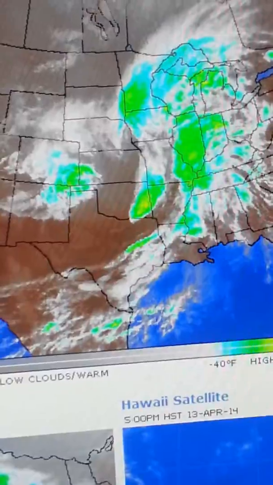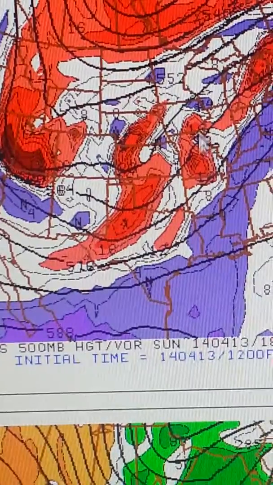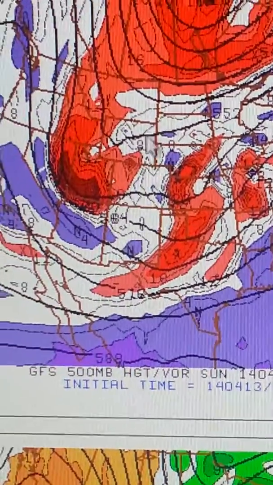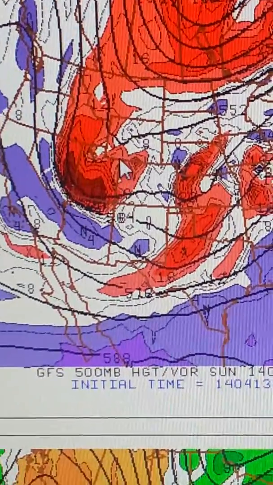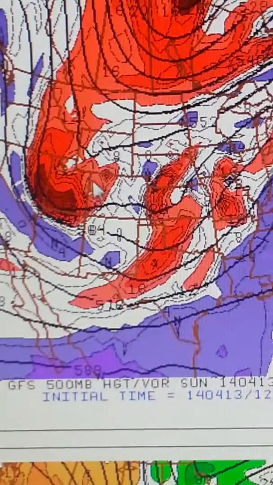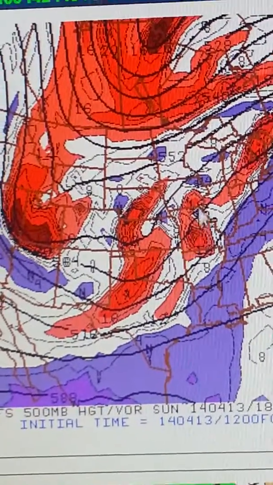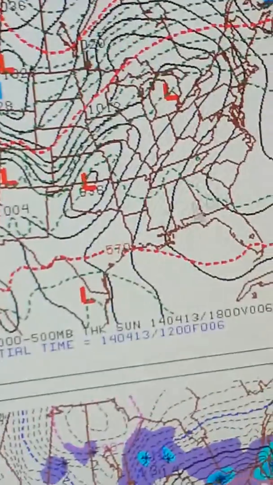Okay, so taking a look at our American model. So again, here is your main disturbance. This is your main shortwave. And then behind it, you have the other trough that's creating the second area of moisture, this piece over here. And this is going to come close to this first piece here as we move through these waves of low pressure, which you can see here.